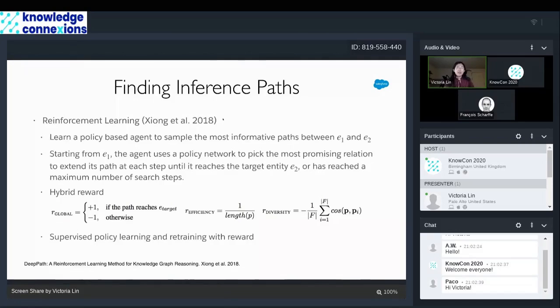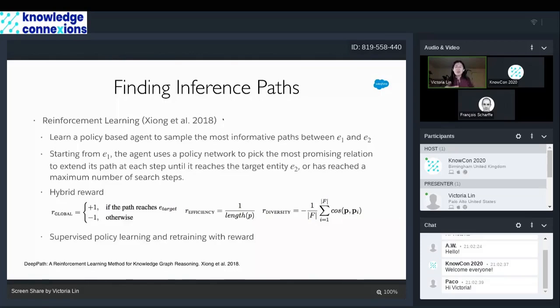So one is, because there is a huge number of paths between two entities, sometimes if we just naively run policy gradient, the agent basically cannot hit any positive targets and the training cannot go on. So this work uses common techniques used in reinforcement learning, which is first using teacher forcing.